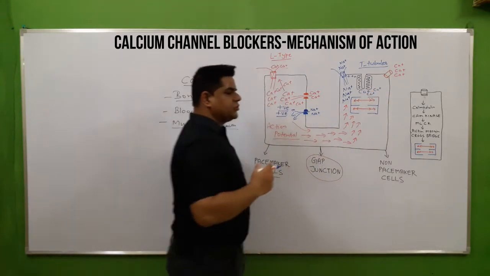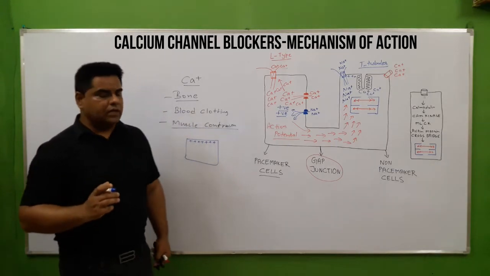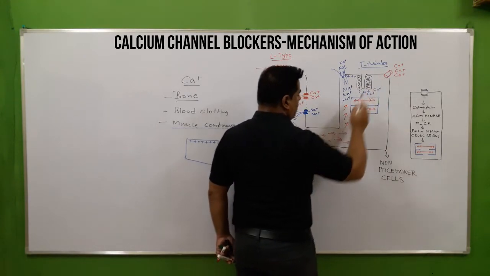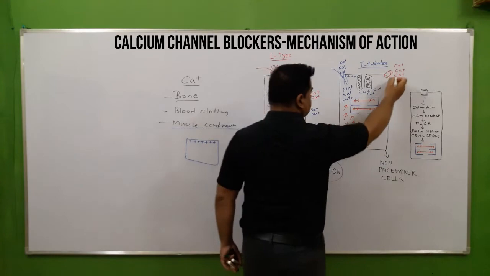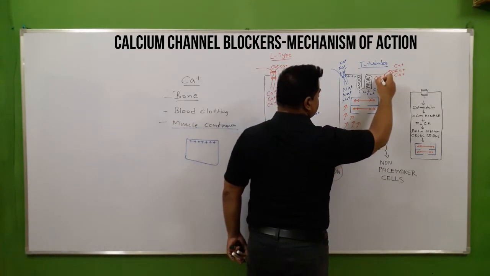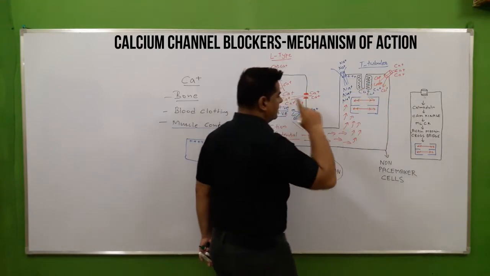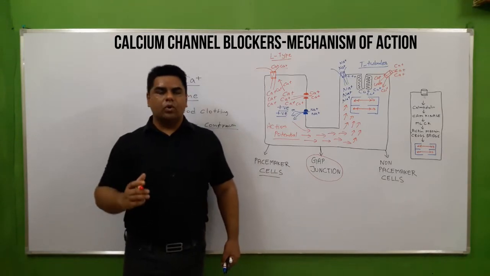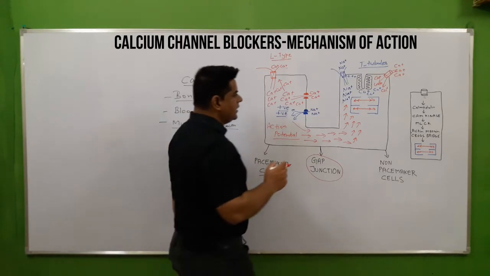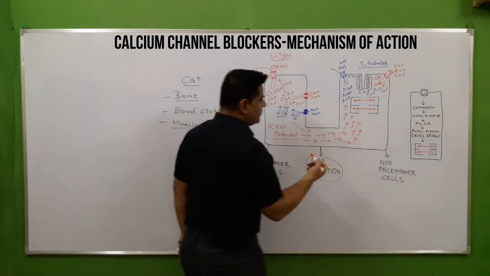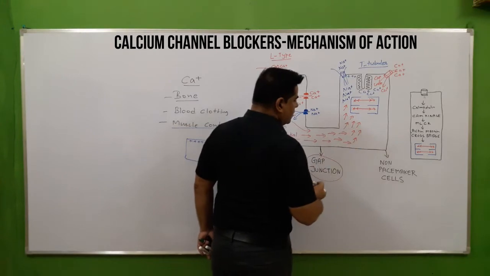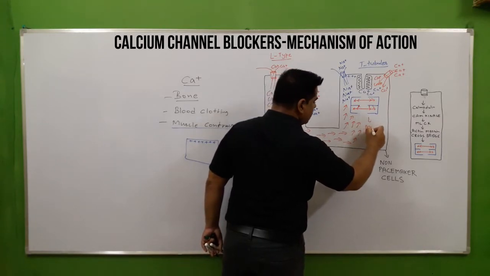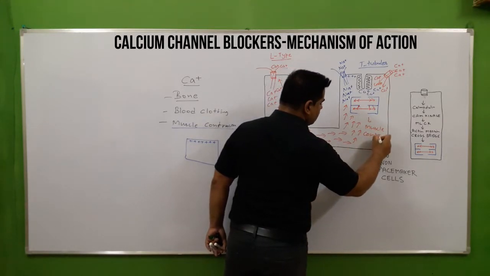After the stimulation of T tubules and release of calcium, voltage sensitive calcium channels also open up, which further increases the blast of calcium inside the cell. This makes the non-pacemaker cells more and more electropositive, and this calcium, as we know, binds on actin and myosin, helping in cross bridging and muscle contraction. Wow, muscle contraction occurs.